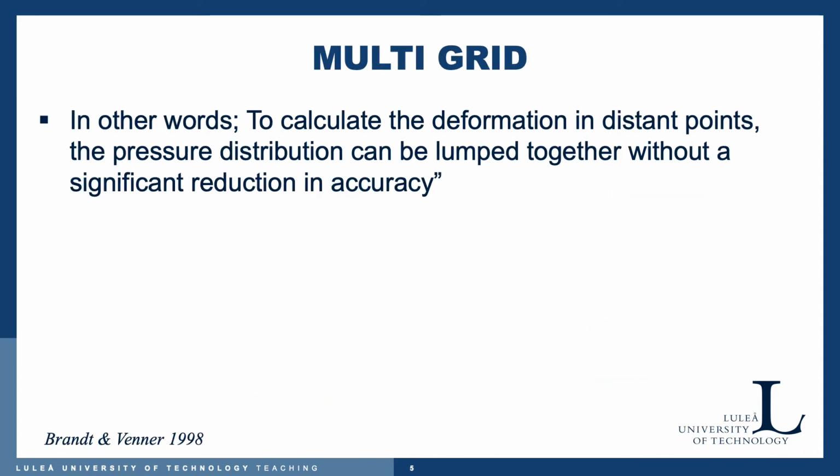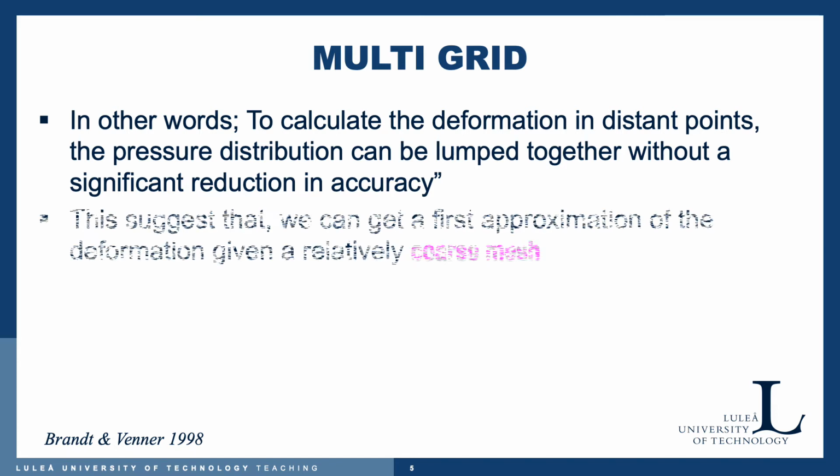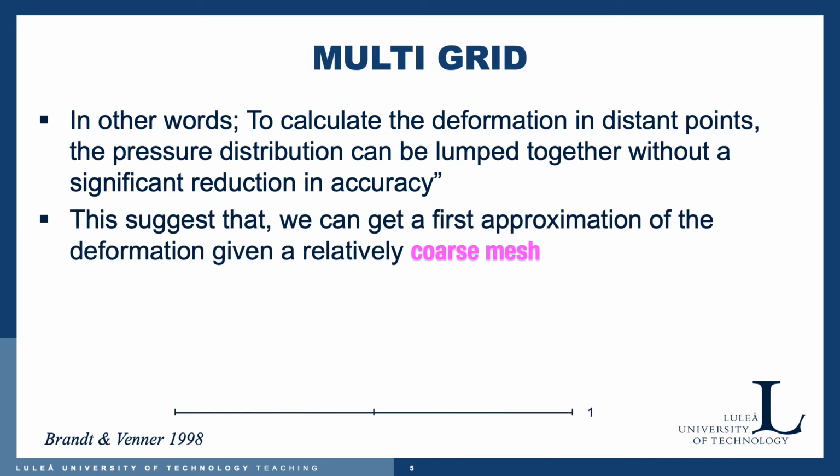So, in other words, to calculate the deformation at a distant point, as we saw, we can lump this pressure distribution together. We don't have to resolve it so much, and we can get a very good approximation of the deformation at a relatively coarse mesh.